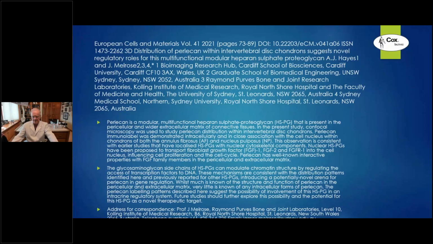Some of you will remember that we have talked about this text from 1966 called The Biology of the Intervertebral Disc, published by the Purvis Bone and Joint Research Labs in the Royal North Shore Hospital in Queensland, Australia.